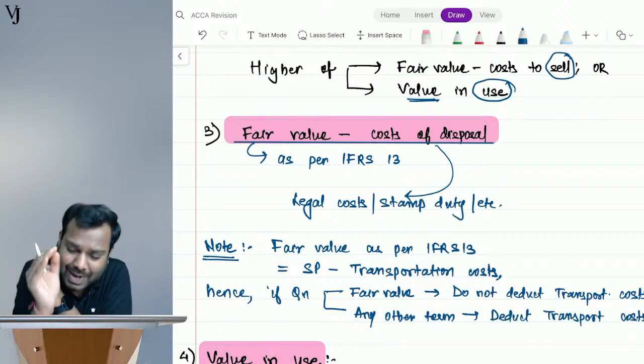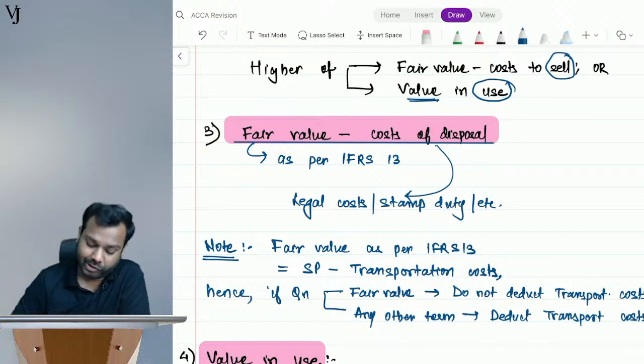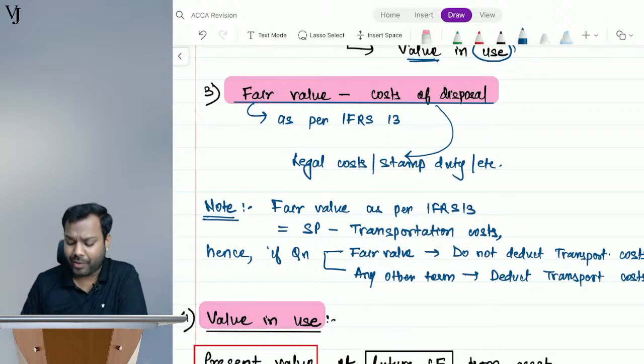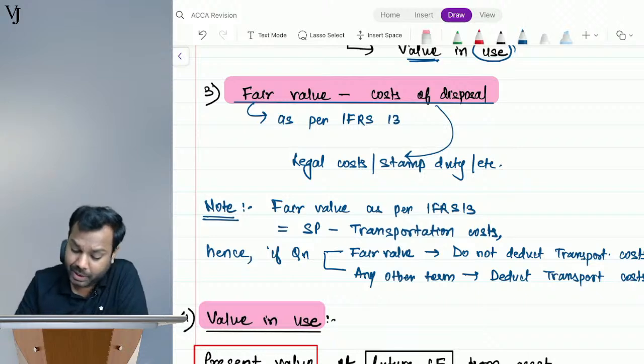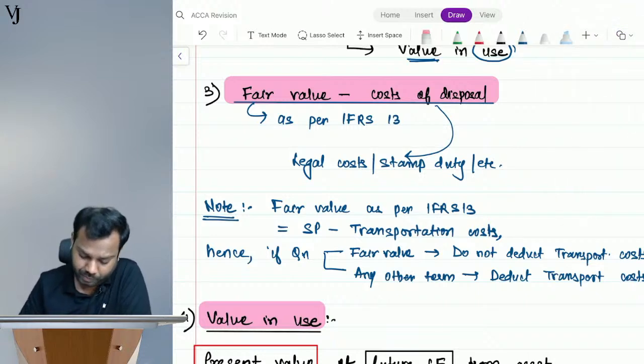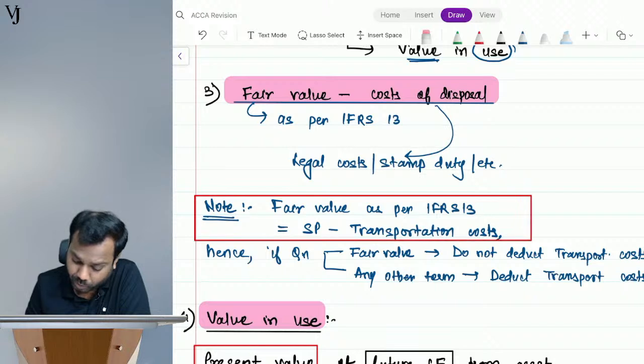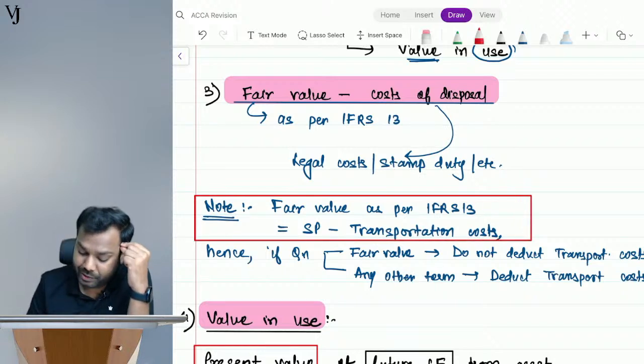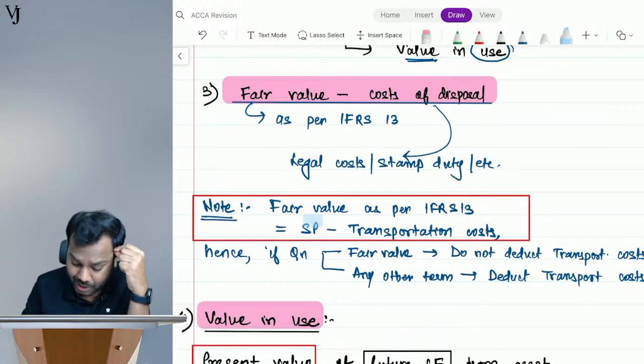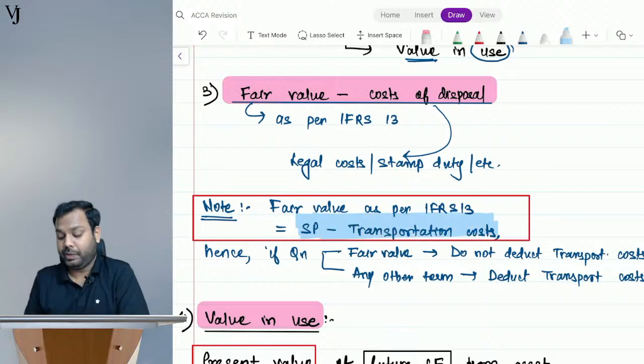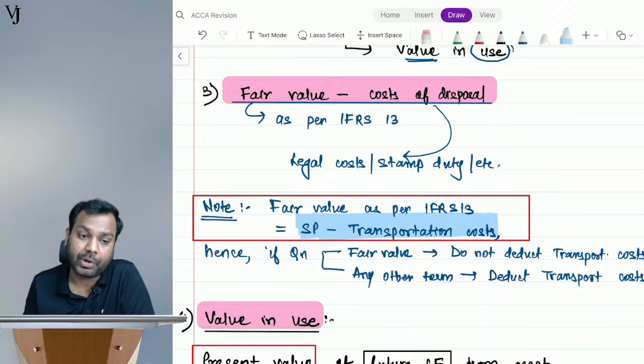But understand, guys, there is a catch here. What is the meaning of fair value as per IFRS 13? It says that fair value as per IFRS 13 means selling price of the product minus the transportation costs.